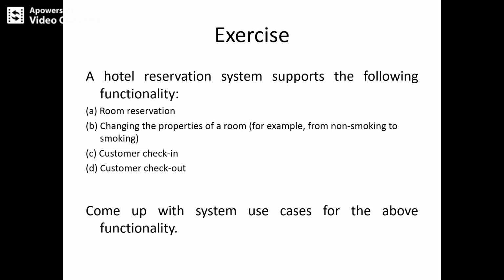This is a simple exercise; we can take it as an assignment. Come up with the system use cases for the above functionality. You should come out with the use case diagrammatic representation and table-wise information.